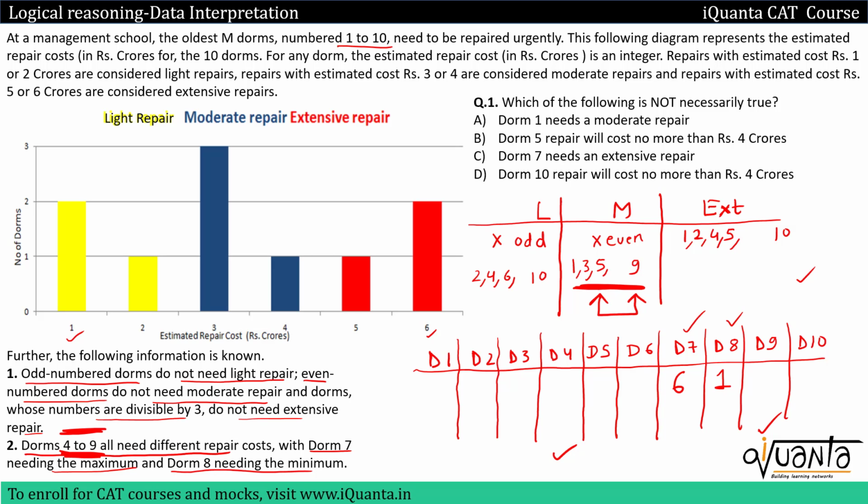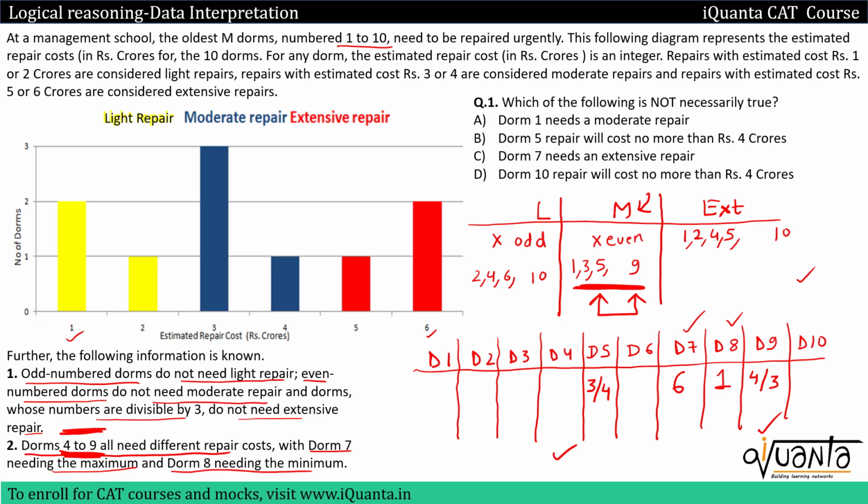So 5 and 9 will only have moderate repairing cost, that means 3 or 4 crores. We have no condition where we can exactly determine the repairing cost for dorm 5 and dorm 9, but we can surely say that they will have repairing cost of 3 or 4 crores because they belong to the category of moderate repairs. So for 5 and 9, I can write 3 or 4 crores and 4 or 3 crores.